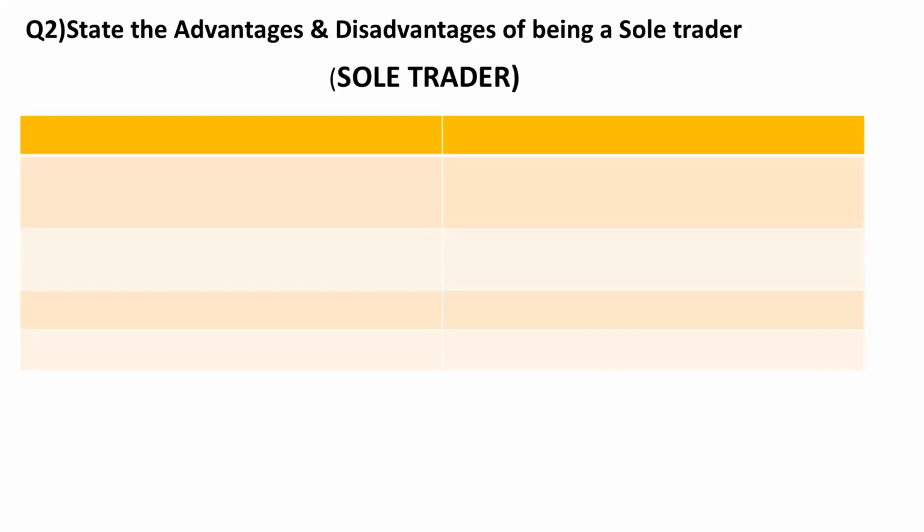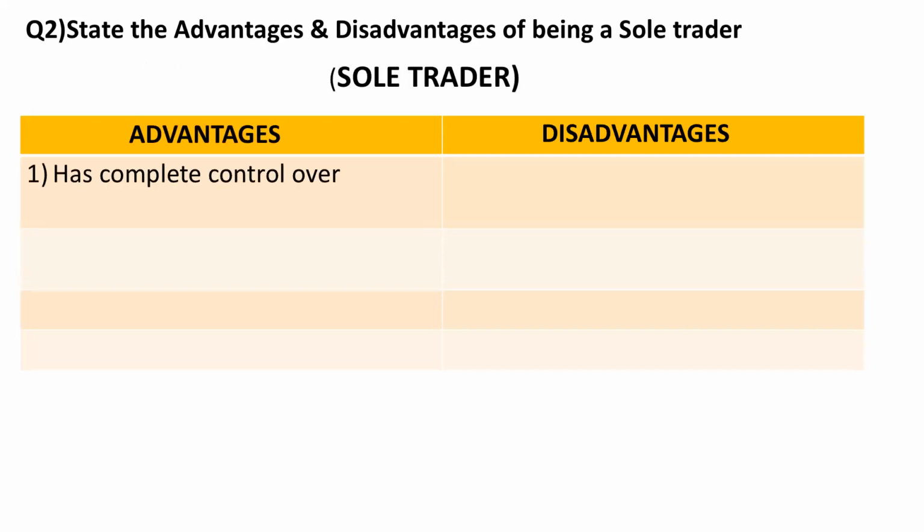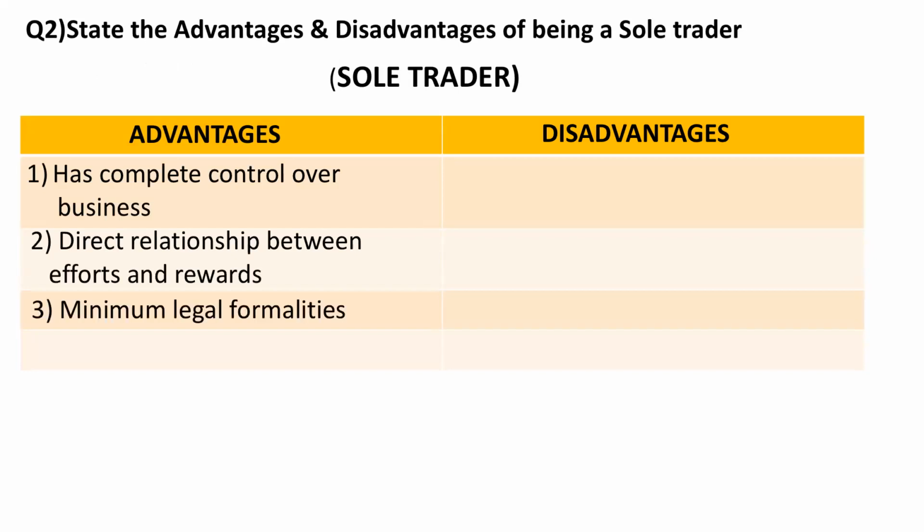The advantage of being a sole trader is that he has complete control over the business. There is a direct relationship between efforts and rewards. That means whatever efforts the sole trader puts in, he is the one who is going to get the rewards.